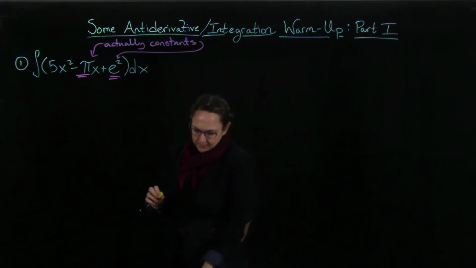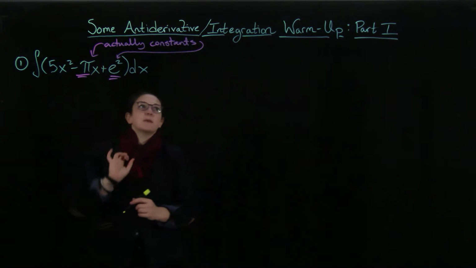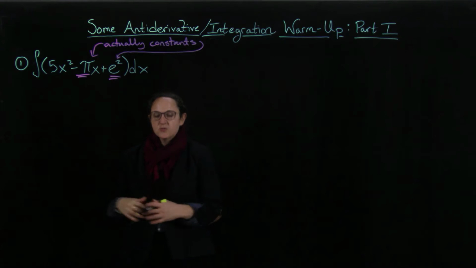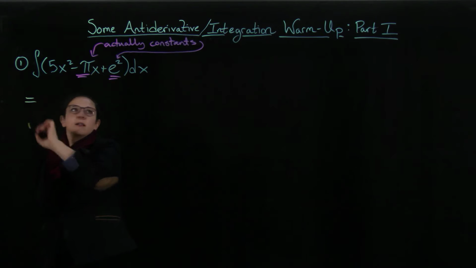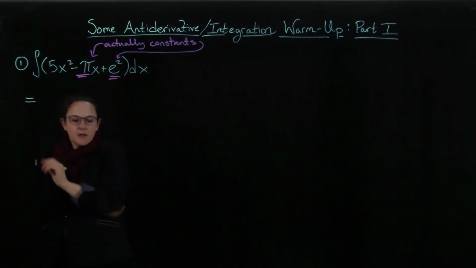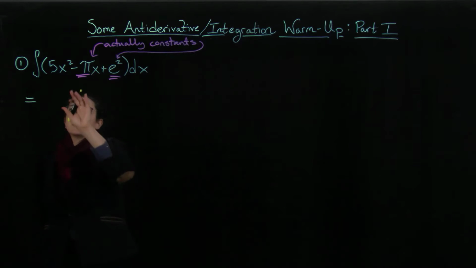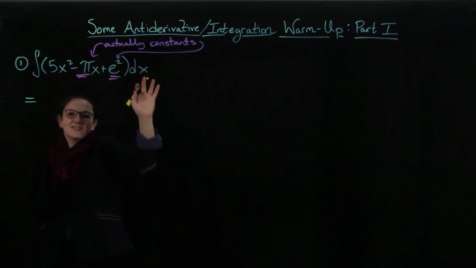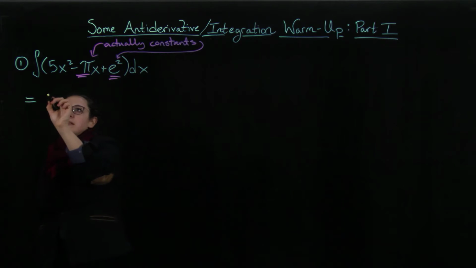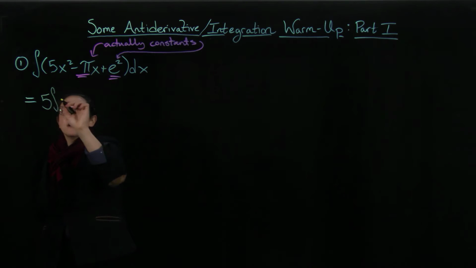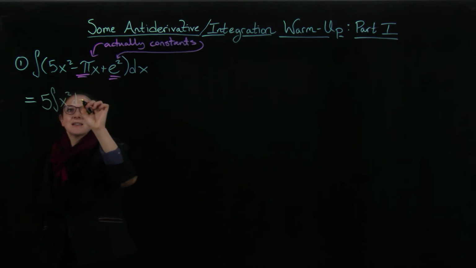It's a quadratic polynomial. And so the first thing that we can do with this is use our linearity. Okay, so let's go ahead and use our linearity. We can pull out the constants and break apart the addition, not multiplication, but addition. So I can pull this out and I can go 5 times the integral of x squared dx.